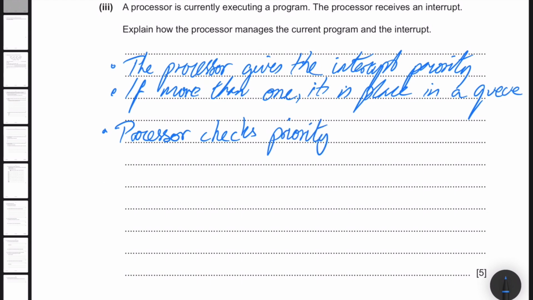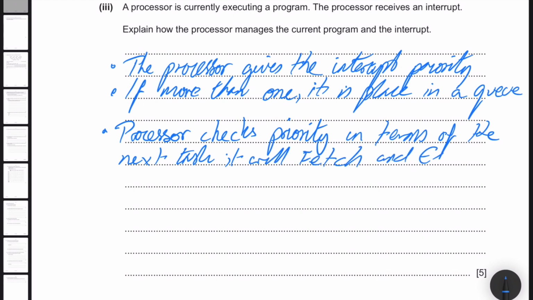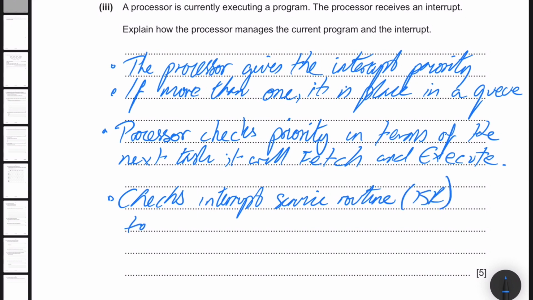The processor checks priority in terms of the next task. It will fetch and execute. Checks interrupt service routine, the ISR, to determine what action to take. So basically it checks the interrupt service routine, the ISR, to determine what action to take in terms of the interrupt. What was the interrupt?